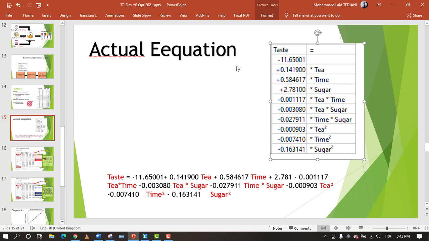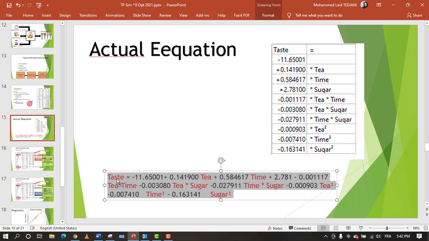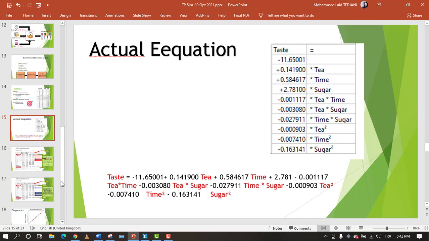Here we have the actual equation. This is the table. We can take all these values and write the equation like this: the taste equals, as we can see.